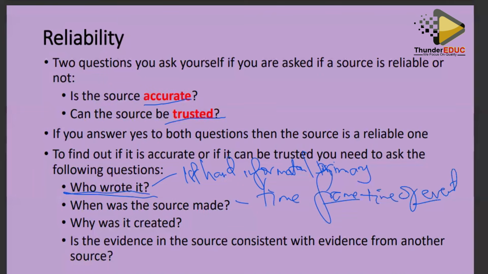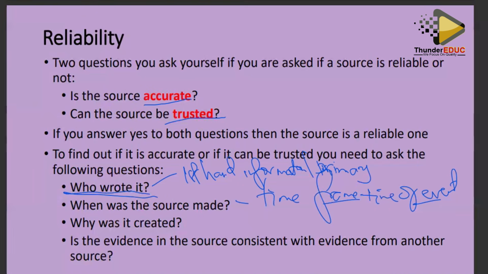Unlike we are given a source in 2024 or 2025, that source is explaining about an event which happened in 1960. That source might be unreliable. It's more likely to be unreliable because of the time factor. Time has lapsed. So many years have passed. Information is going to get lost and some information is going to be forgotten, some important information. Or there might be some misrepresentation of facts because of the time factor.